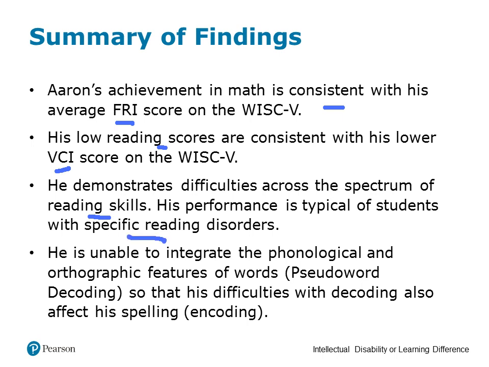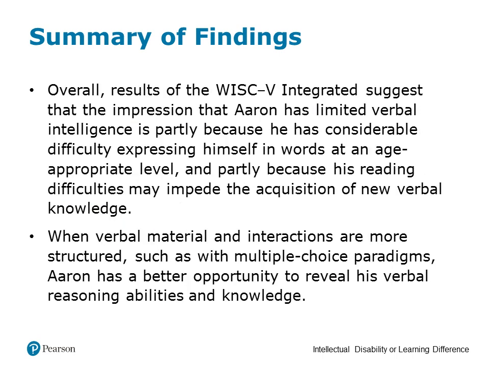He's unable to integrate the phonological and orthographic features of words, pseudo-word decoding, so that his difficulties with decoding also affect his spelling. So both pseudo-word decoding and spelling require the integration of the orthographic and the phonological codes. So essentially, to summarize, you will determine eligibility.